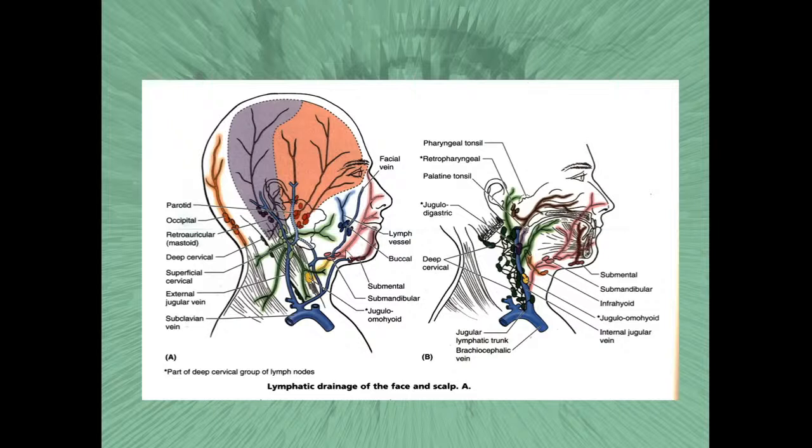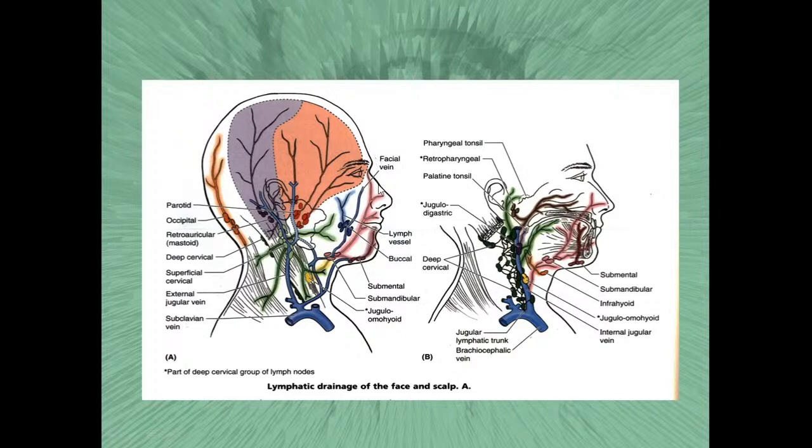Then the buccal lymph nodes, also known as facial, because they are located along the pathway of the facial artery and vein.